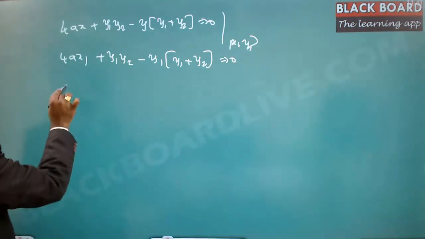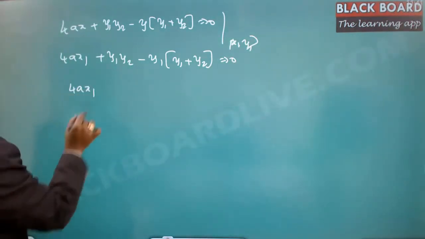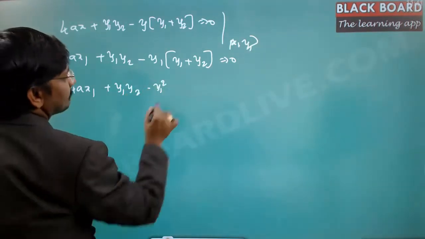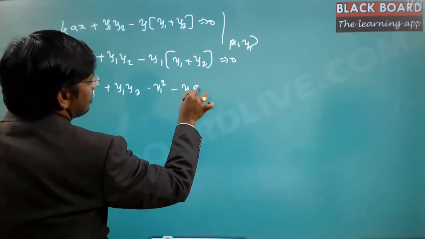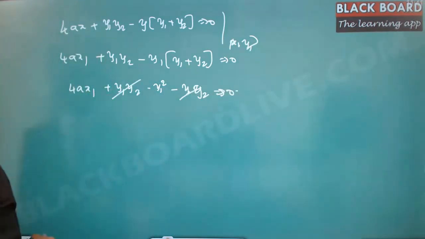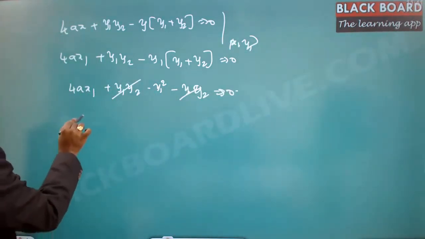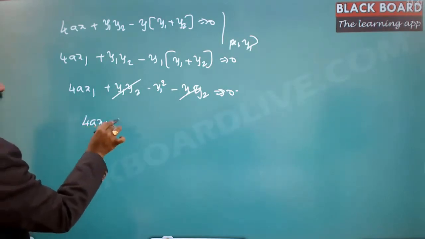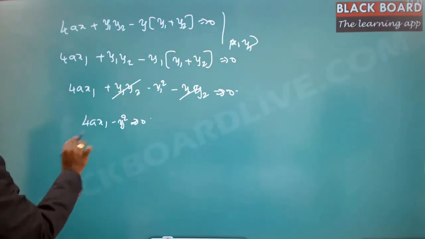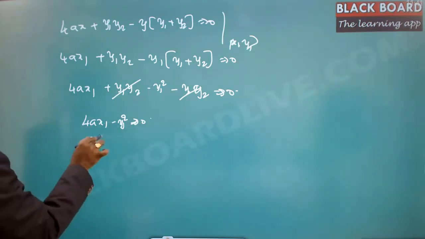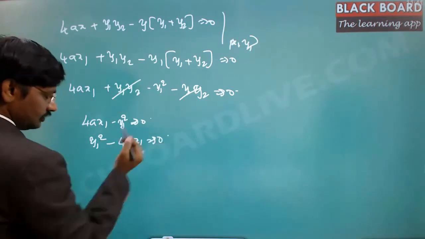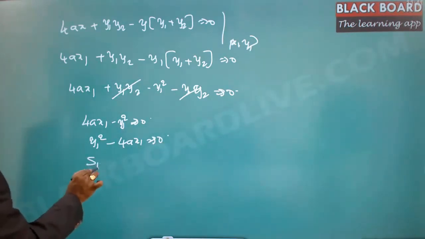This is 4a x1 plus y1 y2 minus y1 square minus y1 y2 equal to 0. The y1 y2 terms cancel out, and this can be expressed as 4a x1 minus y1 square equal to 0, or y1 square minus 4a x1 equal to 0. This is essentially S11 equal to 0.